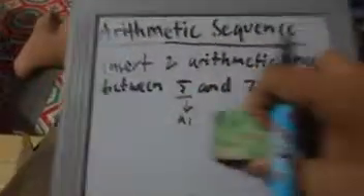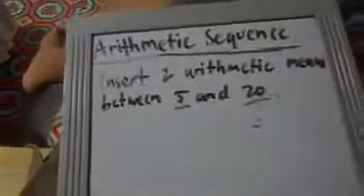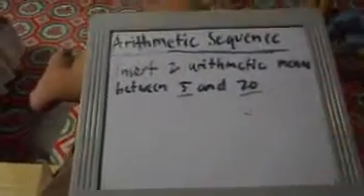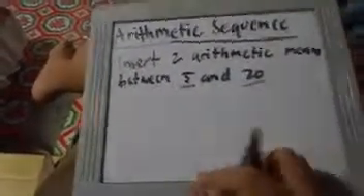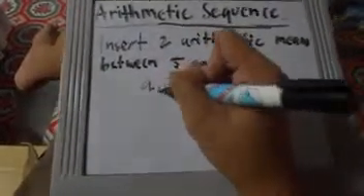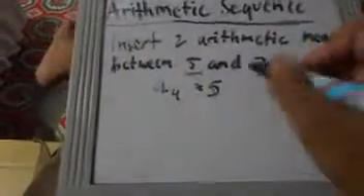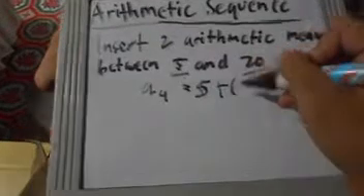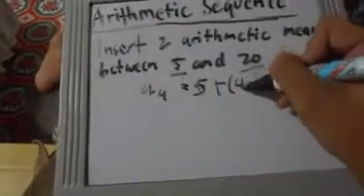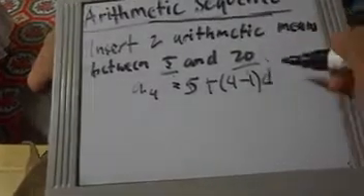Now, since we know the important information about them, let's find the common difference using the formula. a sub 4 equals a sub 1, which is 5, plus 4 minus 1 times d.